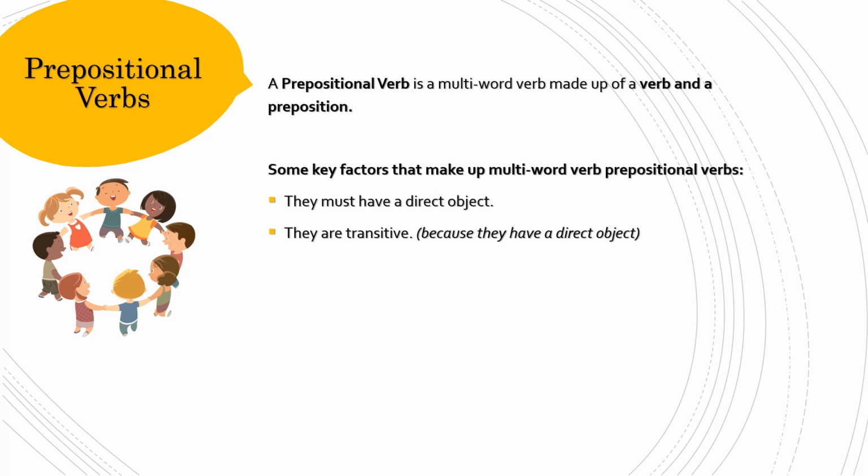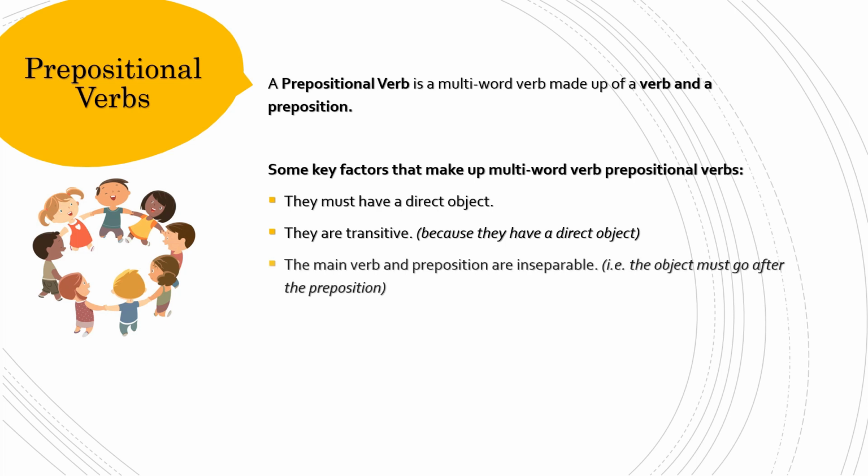They are transitive because they have a direct object. The main verb and preposition are inseparable. That is, the object must go after the preposition. Structure of prepositional verbs: main verb plus preposition plus direct object.